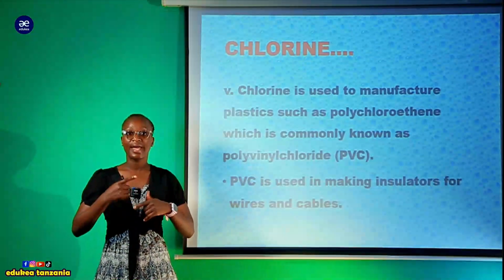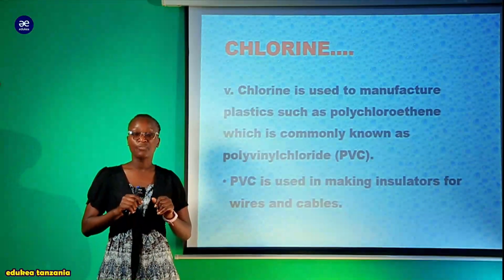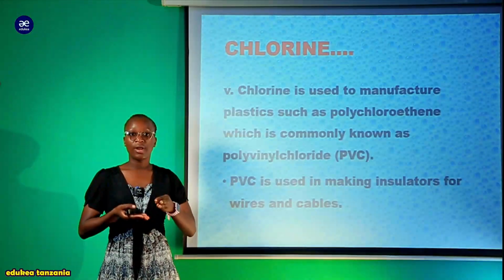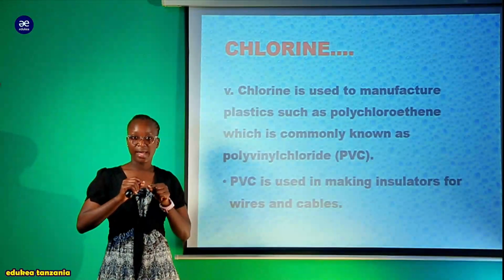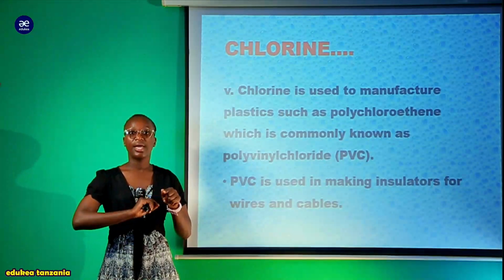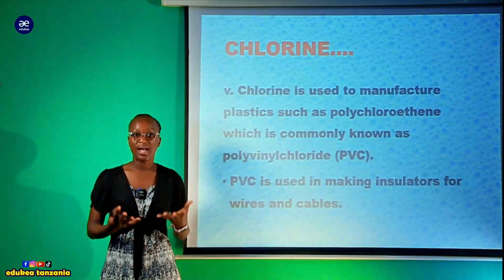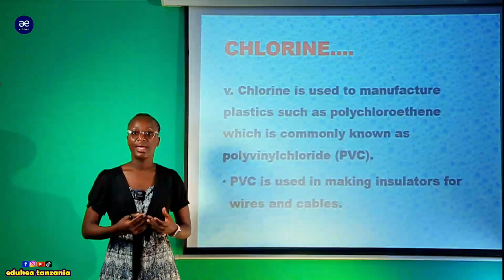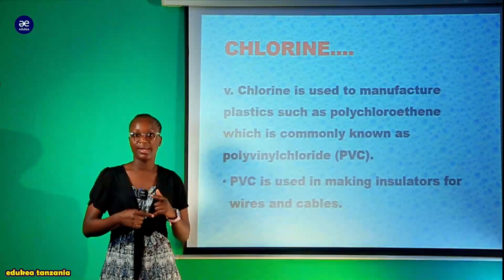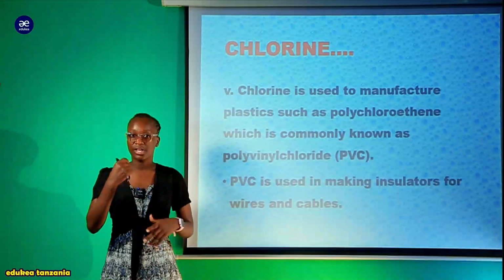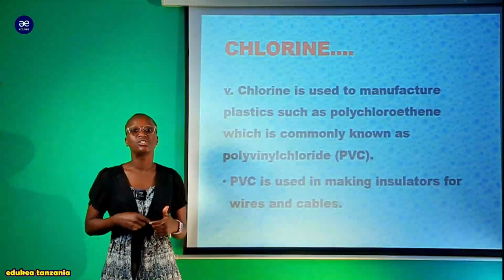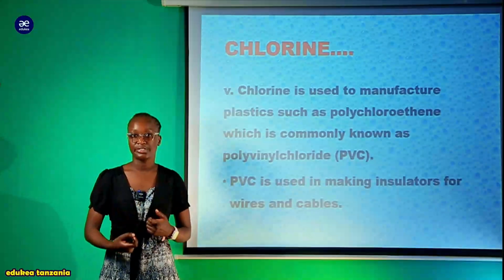For instance, utaona zile nyaya za umeme nyumbani, utaona ina kiwaya kabisa, maybe gold, ina kile kiwaya ndani. Kwa hiyo kile kiwaya juu kimekuwa covered na cable fulani, imekuwa covered na material fulani. Yale material hayallow, hata ukiyashika hana effect kwa sababu yenyewe ni insulator, they are insulators in nature.